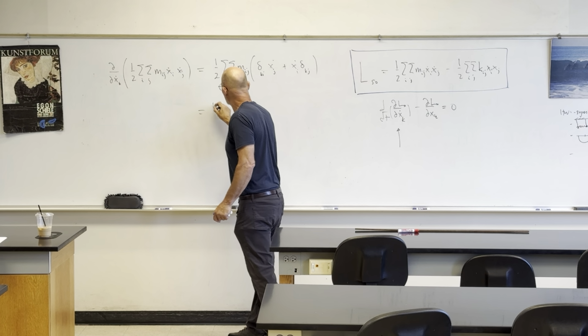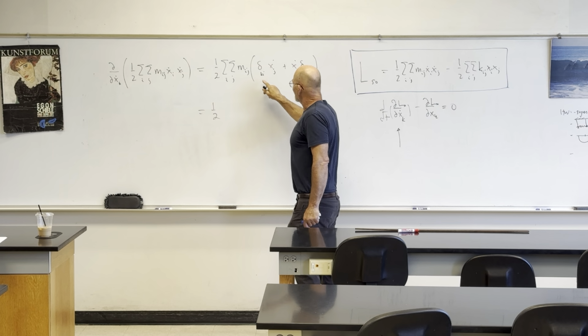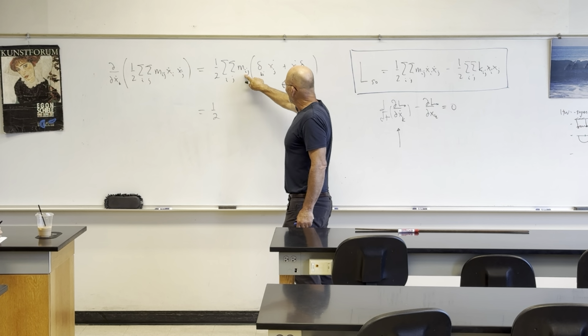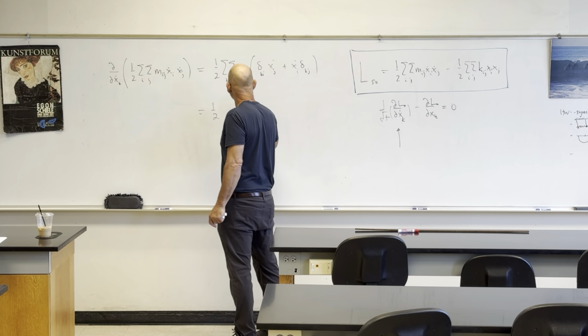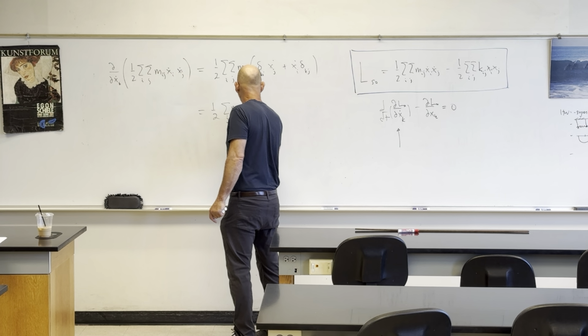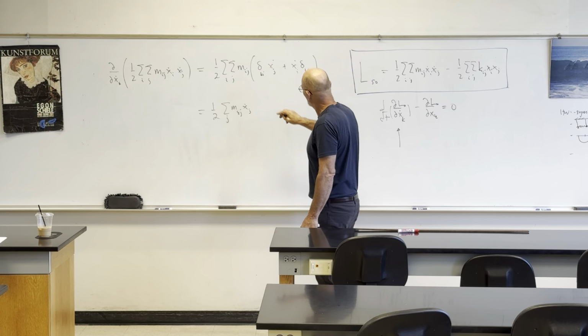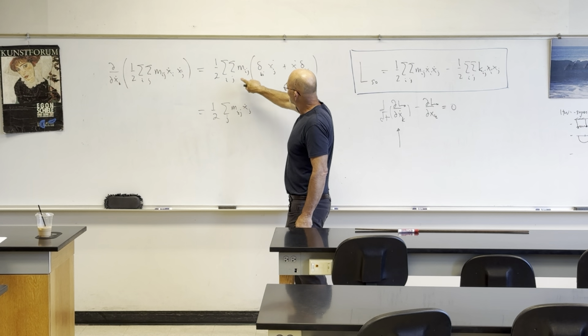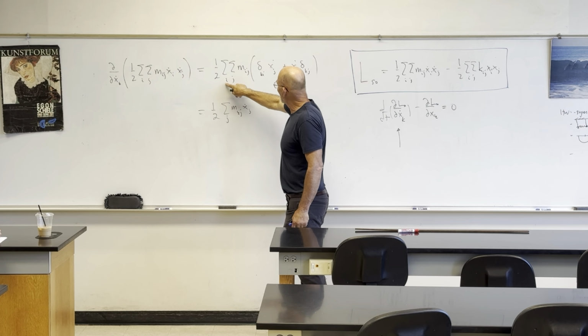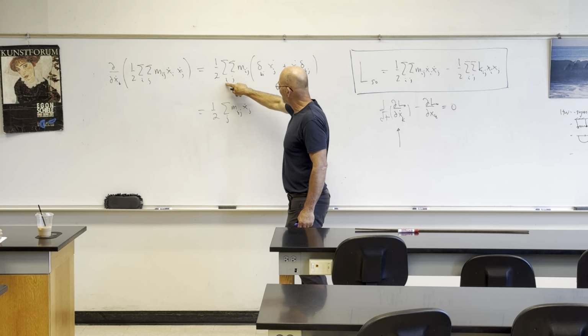So we're going to set i equal to k. We're going to have sum over j of mkj xj dot. So the Kronecker delta, when you're summing over i, it's only when i equals k that you get anything.